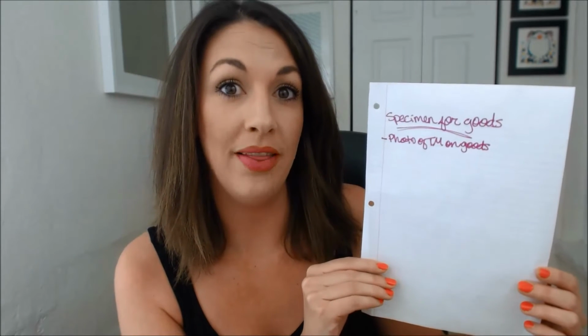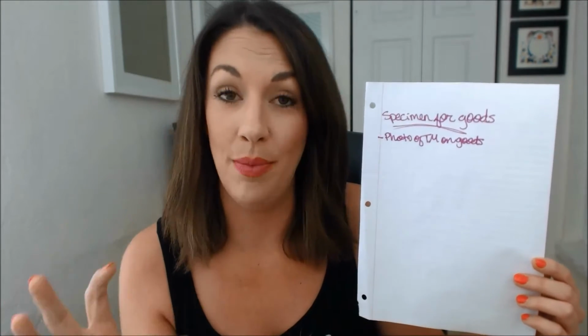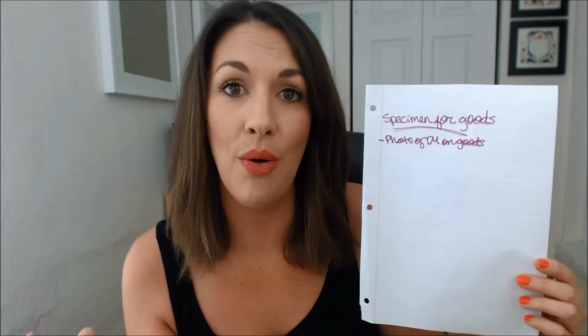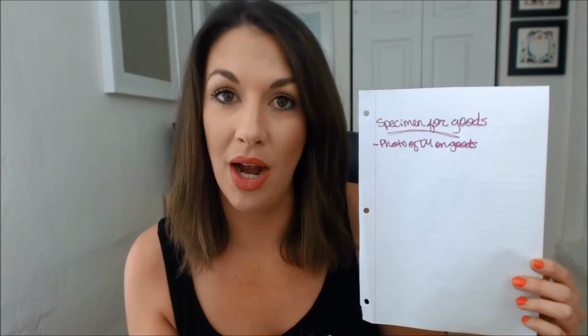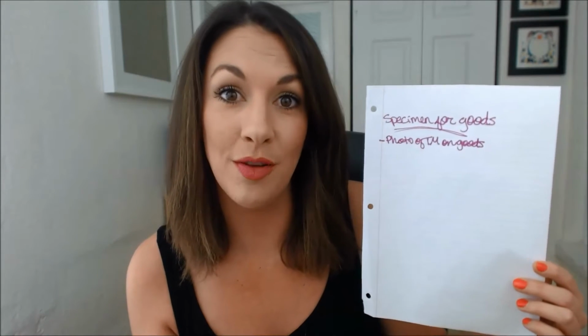If you're selling goods, selling a product, here are a few other types of specimens that are usually acceptable. A photo of your product showing the trademark on the product is a good specimen. For example, if you're selling coffee cups and the coffee cup has an image of the logo, your logo on the coffee cup, taking a picture of the coffee cup with that logo on it should suffice as a specimen.